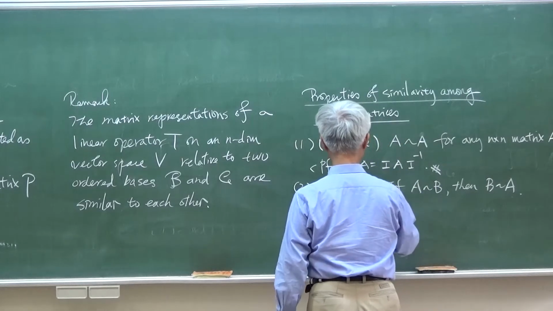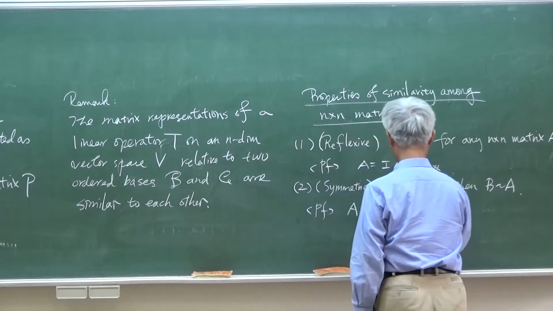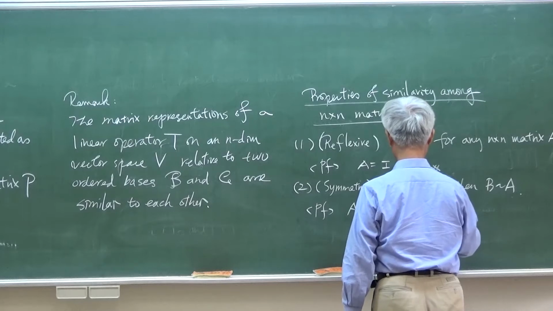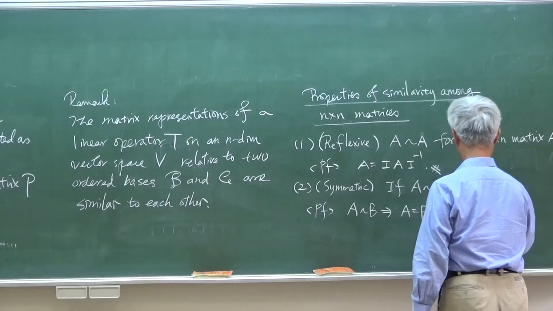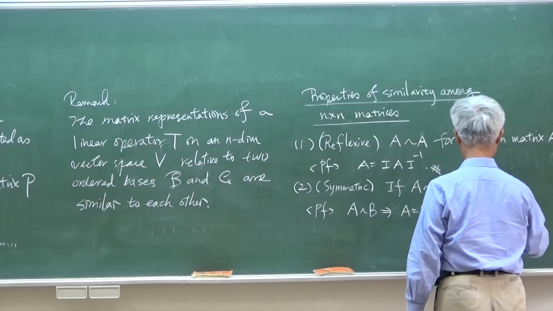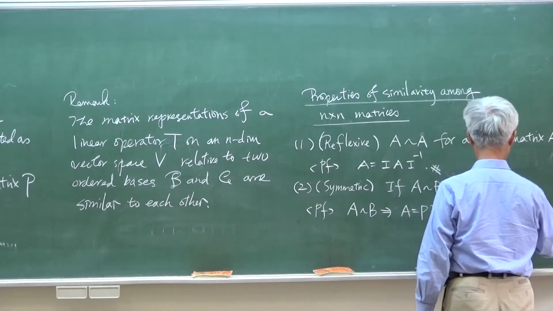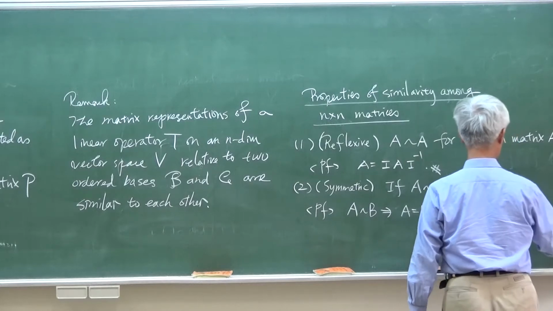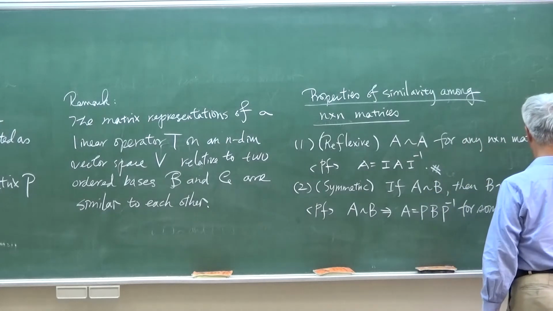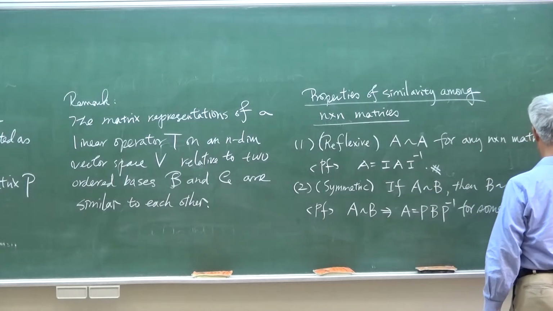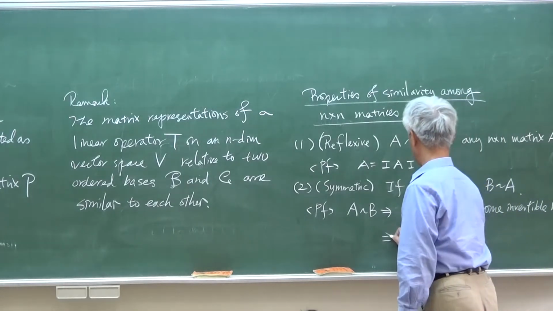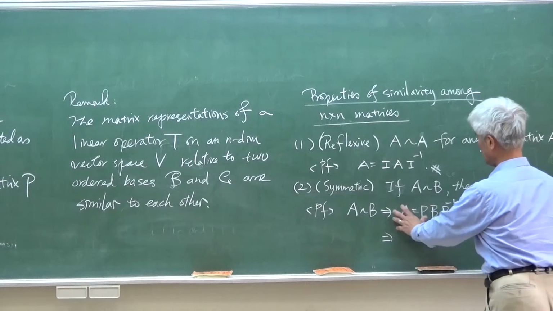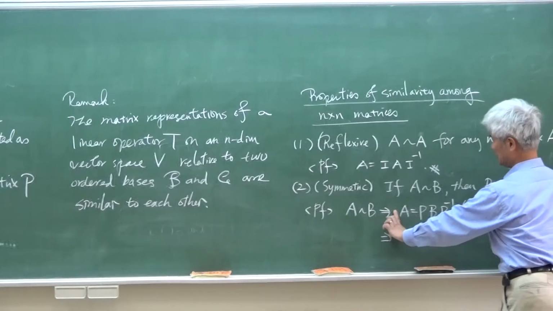A similar to B implies that A is equal to P inverse B P for some invertible matrix P. And this implies that you can multiply P inverse here.